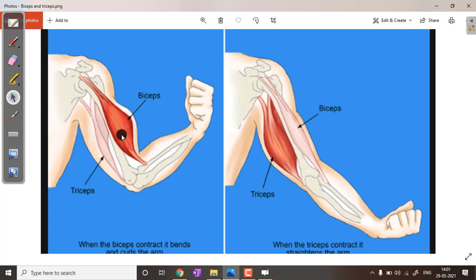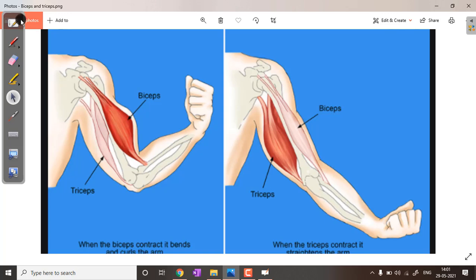Now let's talk about their movement. It is said that when the biceps contract, what happens? Your arms fold, as you see in the picture. Why do your arms fold? So what happens when the biceps contract? It contracts and becomes short in length and swollen. You can see they become short in length.